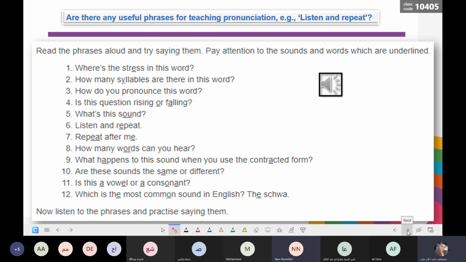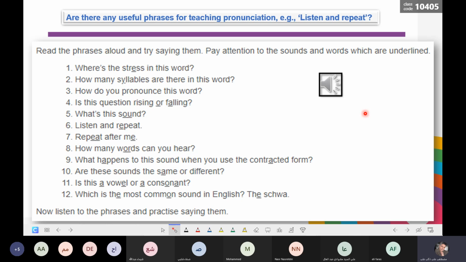Okay. 1. Where's the stress in this word? 2. How many syllables are there in this word? 3. How do you pronounce this word? 4. Is this question rising or falling? 5. What's this sound? 6. Listen and repeat. 7. Repeat after me. 8.